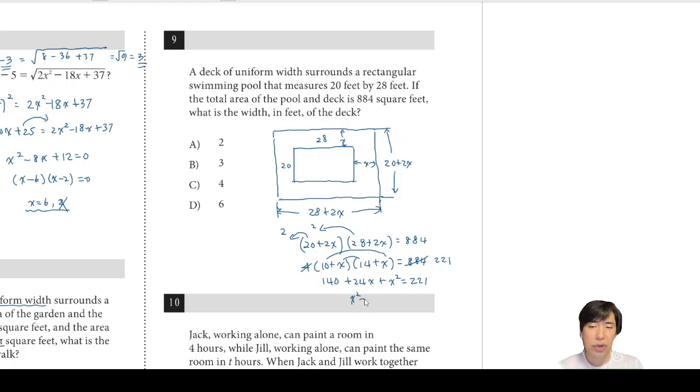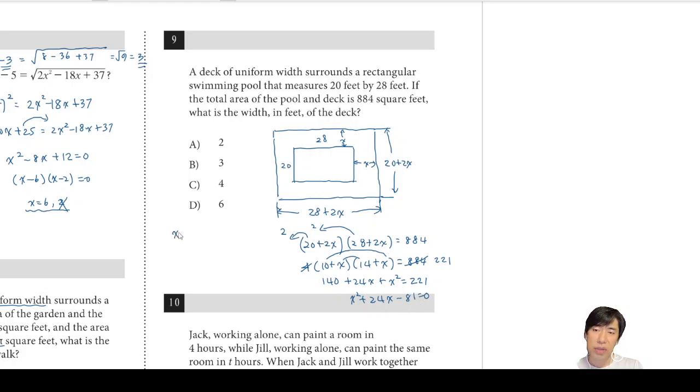So x squared plus 24x minus, what is that, 81 is equal to 0. So is it factorable? 81 is, of course, 9 times 9, but that's not going to do it. I think we can use 27 times 3.